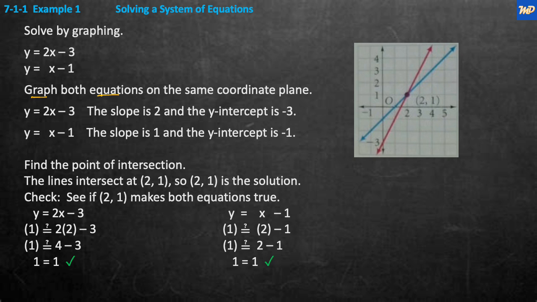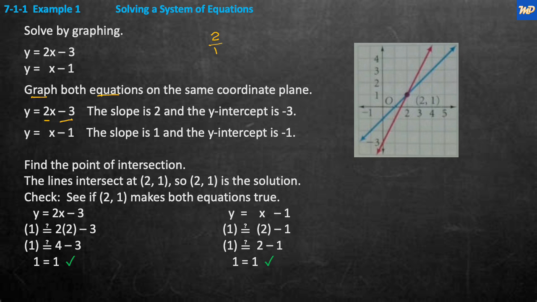y is equal to 2x minus 3. Well, how do we graph it? The easy way is you look for the slope. The slope is 2. That means a rise of 2, run of 1, both in the positive directions, or 2 over 1. And negative 3 is the y-intercept. We know that because this is slope-intercept form of the line.